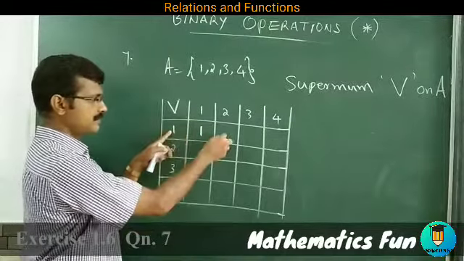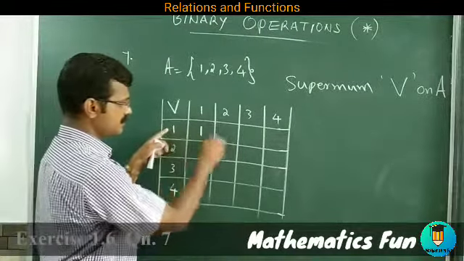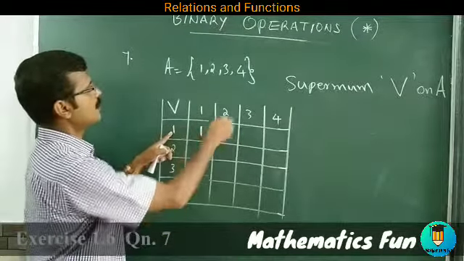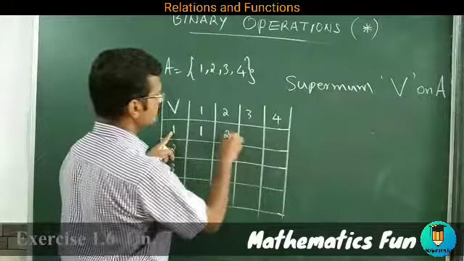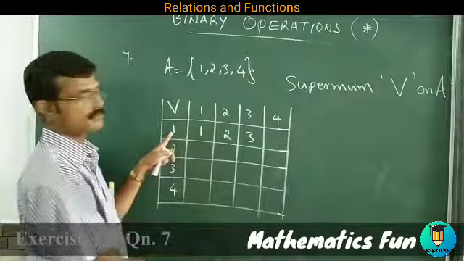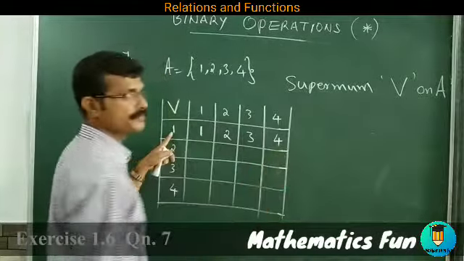Now the maximum of this one, it comes in this row and this column. 1, 2's maximum is 2. 1, 3's maximum is 3. 1 and 4's maximum is 4.